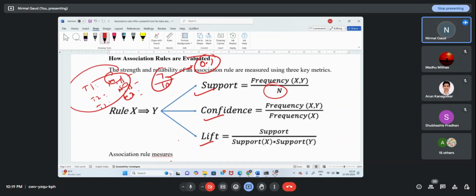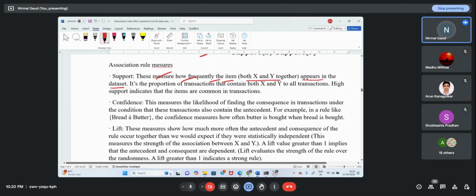Confidence is frequency of xy divided by frequency of x. That means how many times both are coming and how many times only x is coming. That is called confidence. Okay, so what does confidence tell? It measures the likelihood of finding the consequent in transactions under the condition that these transactions also contain the antecedent.